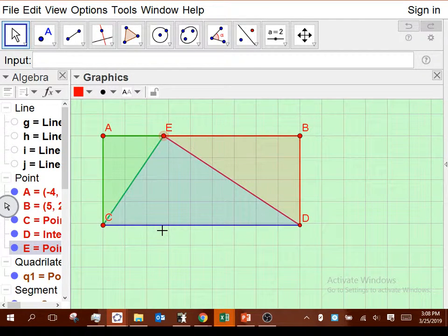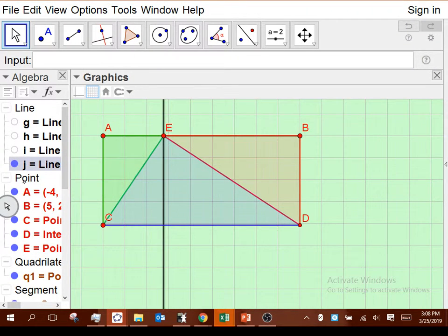Well, that blue triangle comes from some rectangle, right? Every triangle you come across is going to come from some rectangle. If I draw in that line right there, is this blue triangle here the same as that green one? Okay, is this blue triangle here the same as that red one? So those triangles are congruent for the same reason as what we saw in that first situation.